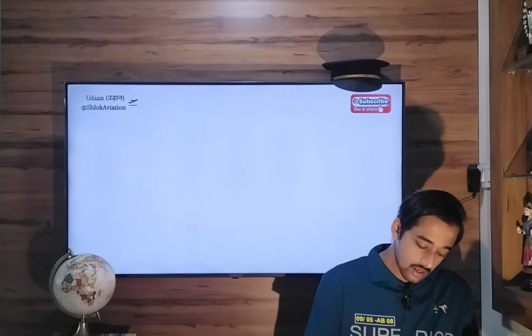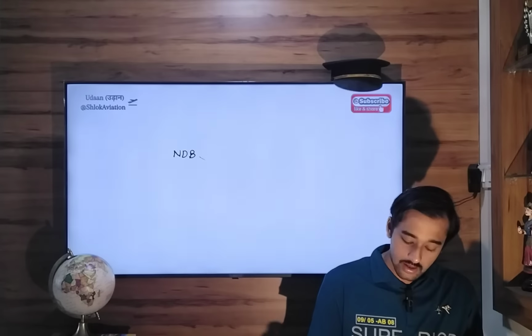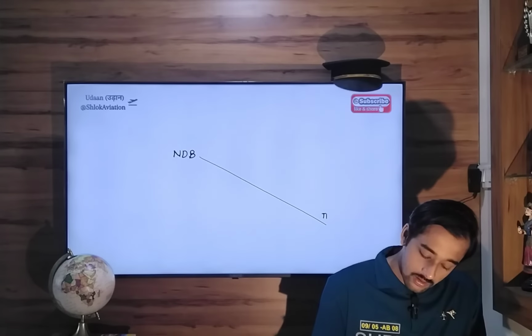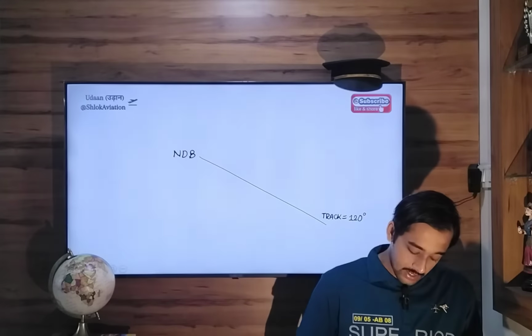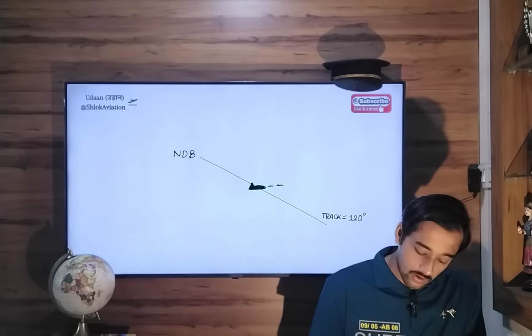Next, this is your NDB station. You're tracking away on a track of 120 degrees. The magnetic heading of your aircraft is 105 degree.